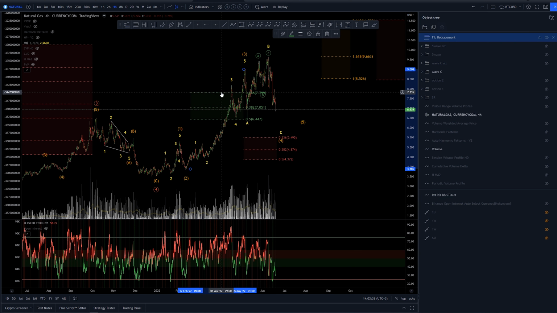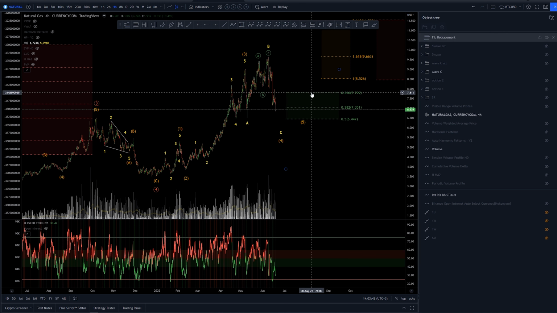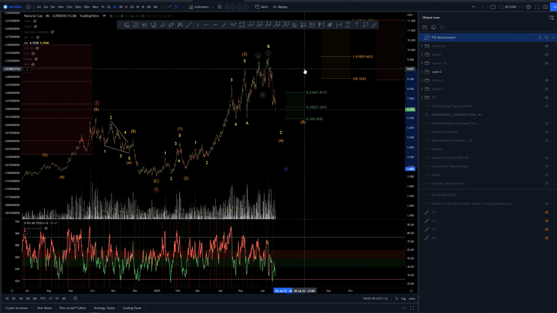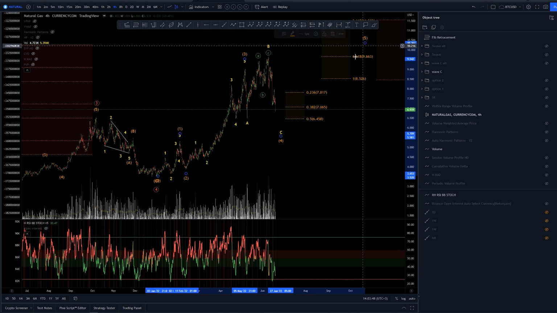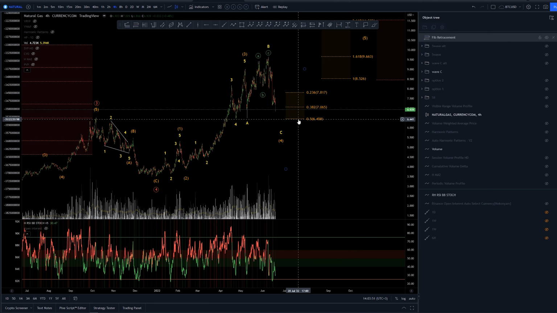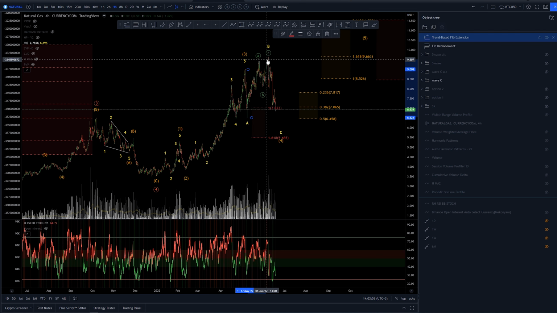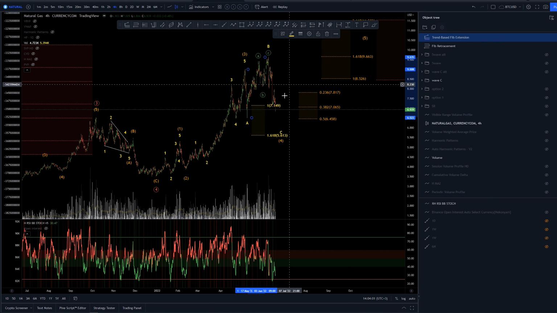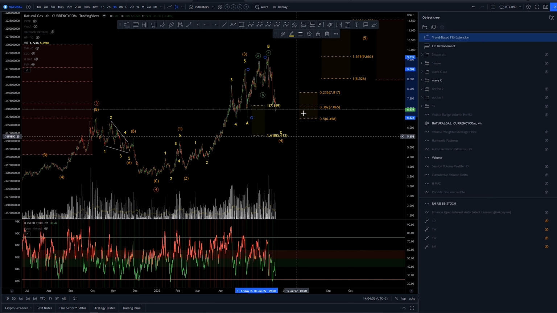Let's take a look at the wave 4 targets here. We can delete this for now. And here we go. So these are basically the wave 4 targets that we are having on a higher time frame. We can also take a look at the minor targets in yellow.